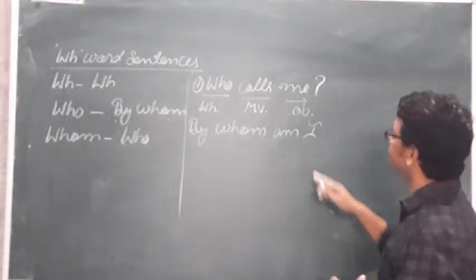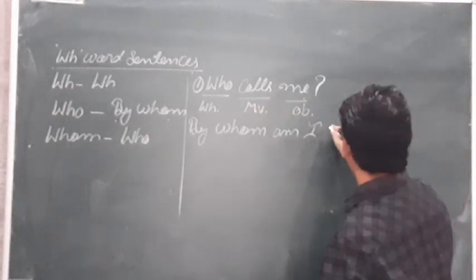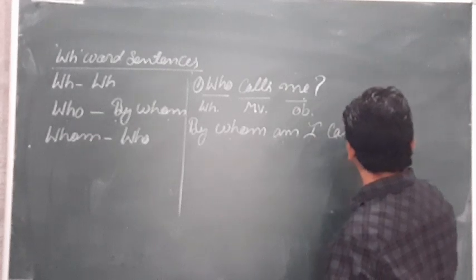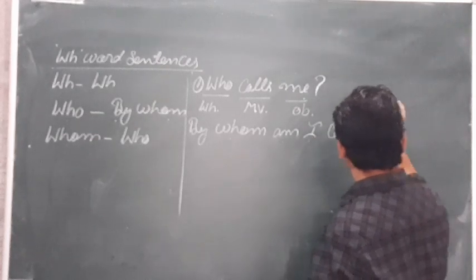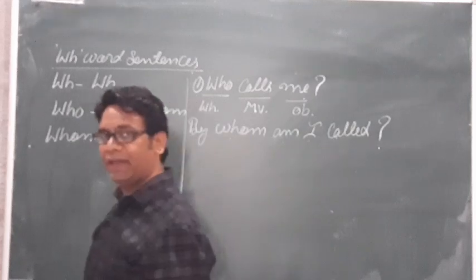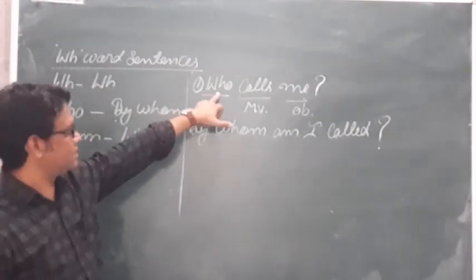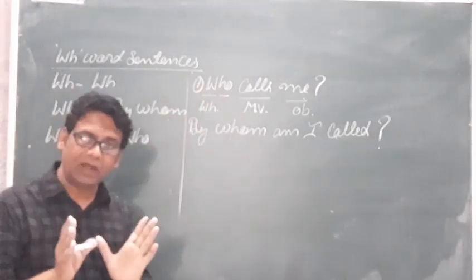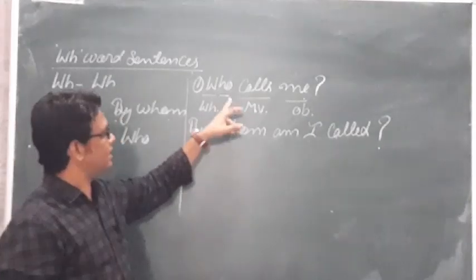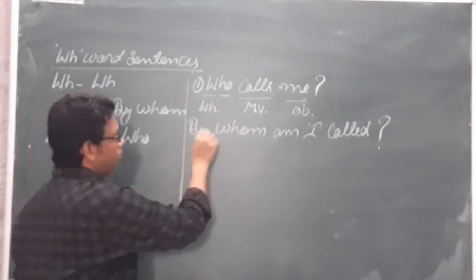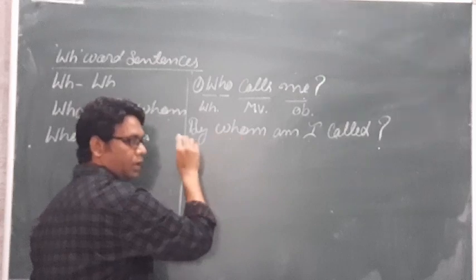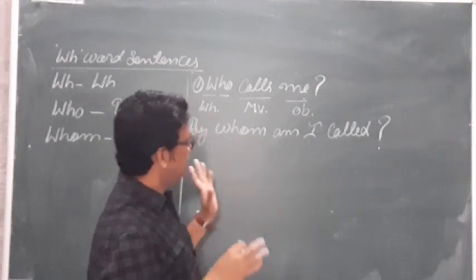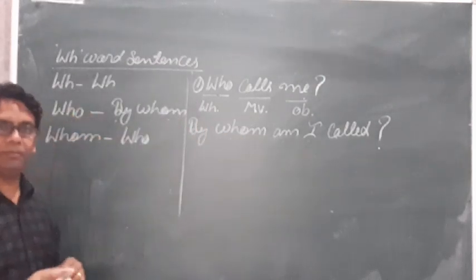Understand? Now, the third form of the verb, called. Because we don't have any subject in this sentence, that is why I am using by before the WH word. It will always be the same.